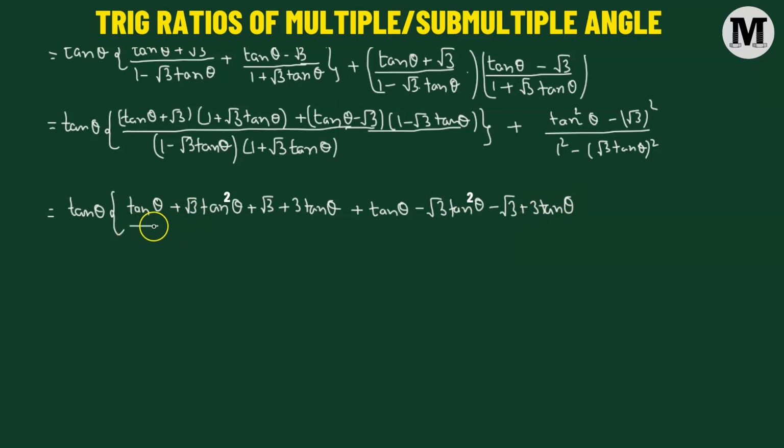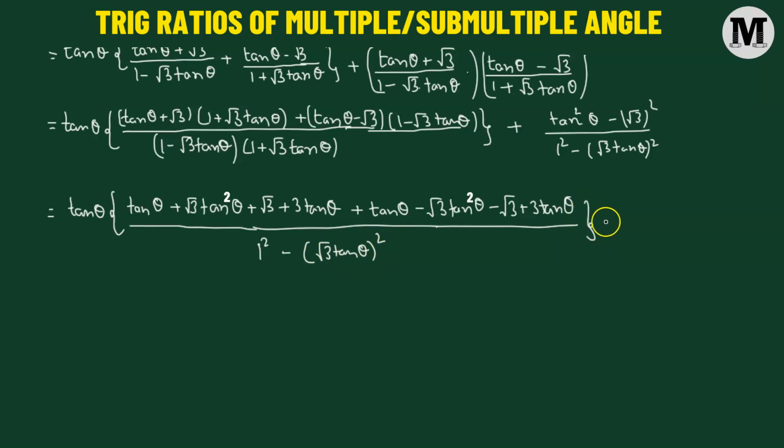So this will be divided by the product of 1 minus square root of 3 tangent of theta times 1 plus square root of 3 tangent of theta, which will become the difference of squares. We have 1 squared minus square root of 3 times tangent of theta whole square. Now this will be added to tangent squared theta minus 3 divided by 1 minus 3 times tangent squared theta.